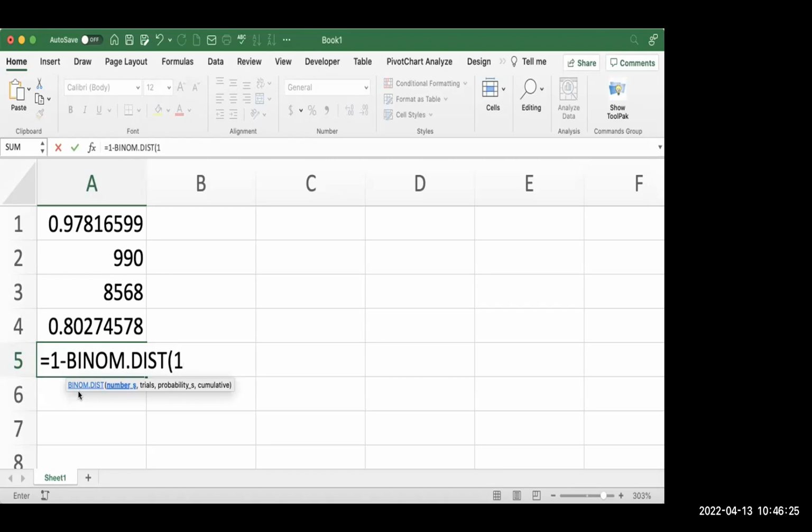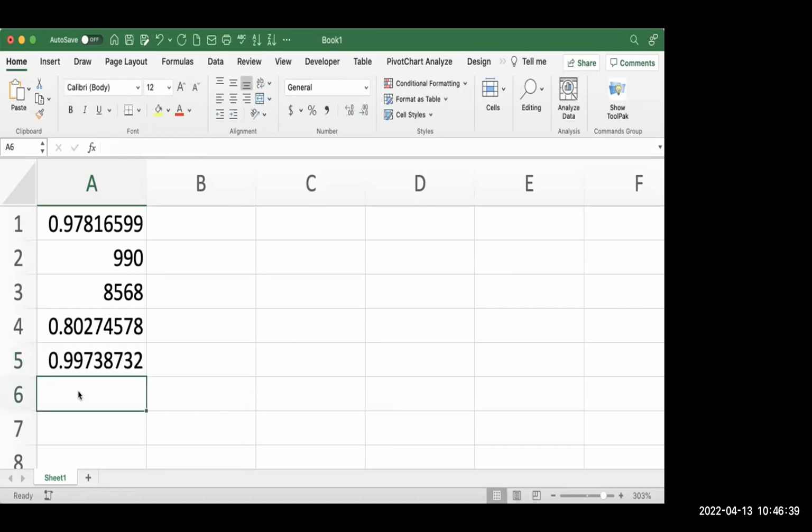I want to get rid of everything less than or equal to 1. I have 16 trials with fixed probability of success 0.41. And I want this to be cumulative. And so I get 0.99738732. Let me type that into my iPad.